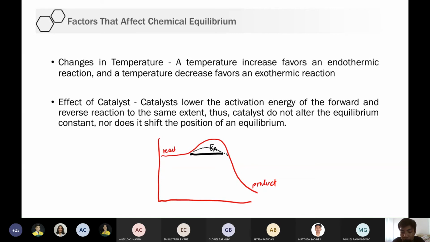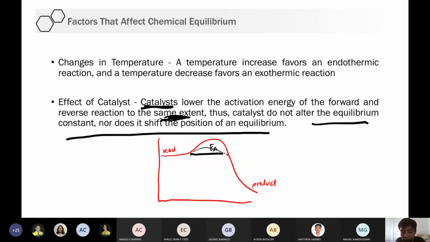So it will change the rate of reaction, both the forward and reverse reactions will speed up. However, since they increase equally, they increase to the same extent, our equilibrium system will not be changed.